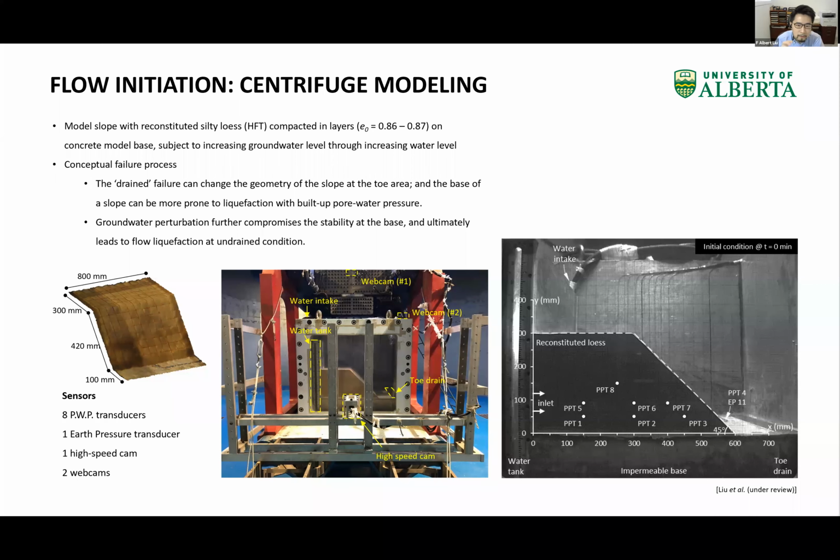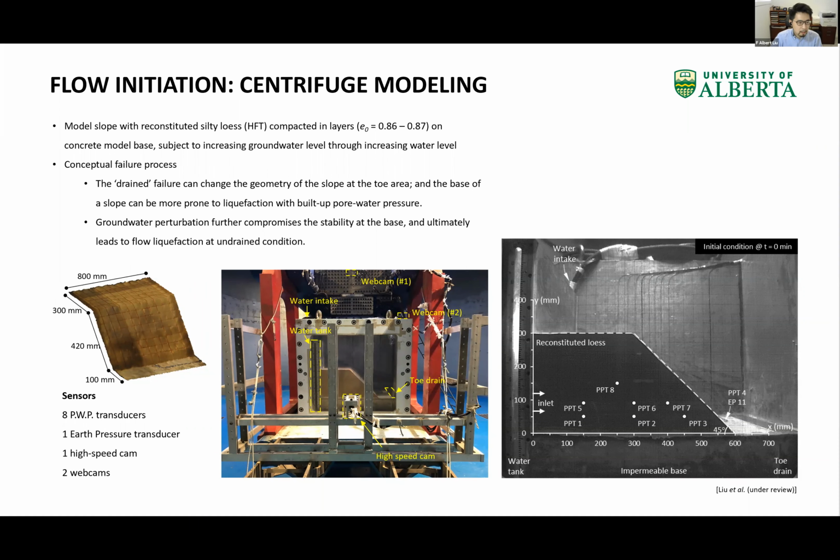And also at that point, if you have a groundwater level increase or just a minor disturbance, we think that can further compromise the stability at the base and lead to the flow liquefaction and the flow slide.